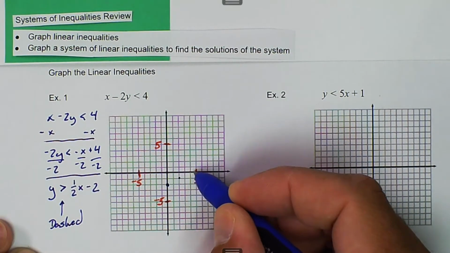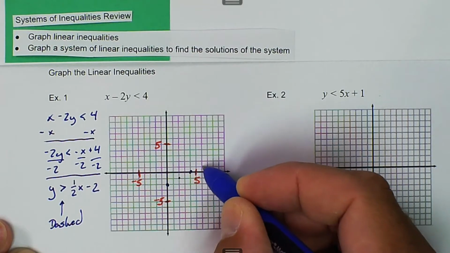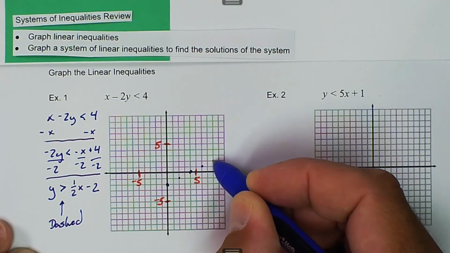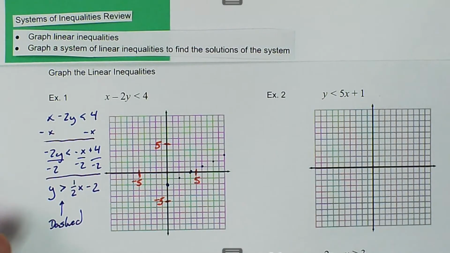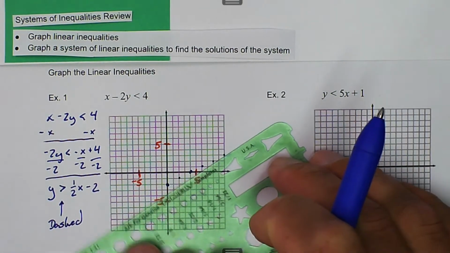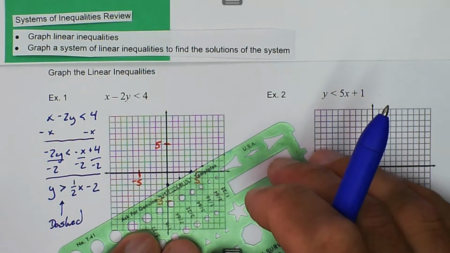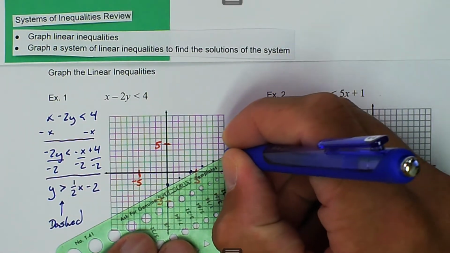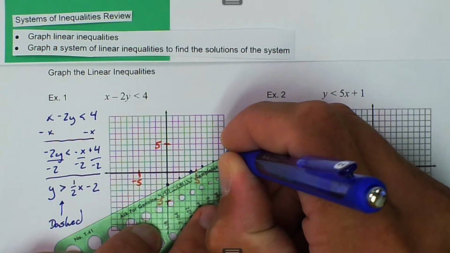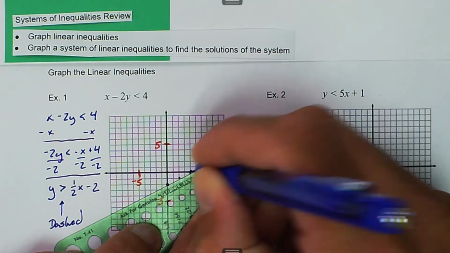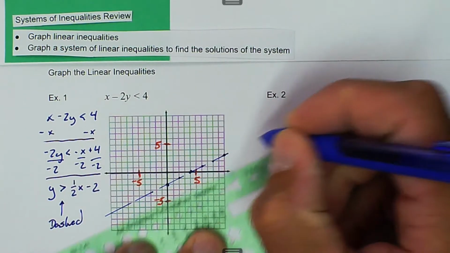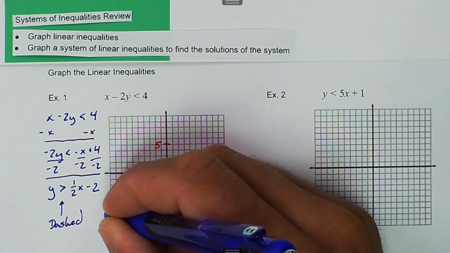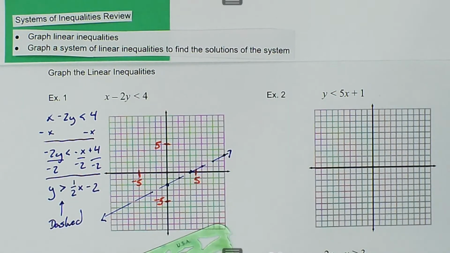So up 1 over 2, up 1 over 2, up 1 over 2, up 1 over 2. So we got the line going pretty much right there. And then we have to remember that we have a dashed line. So it has to be dashed. So we have the dashed line there.